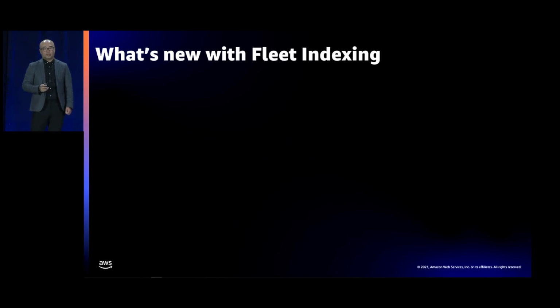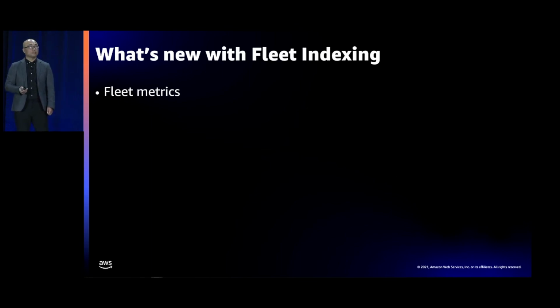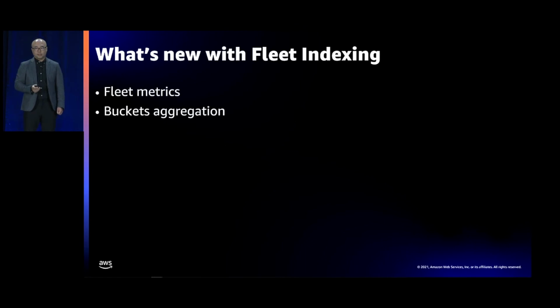Let's recap key benefits of the new fleet indexing capabilities. So first, you can build aggregation queries whose results are continuously emitted to CloudWatch as metrics for analyzing trends and creating alarms. Second, you can group devices by a particular attribute, property, or other metadata using the new buckets aggregation query type or API.